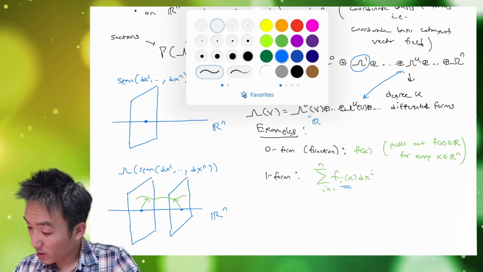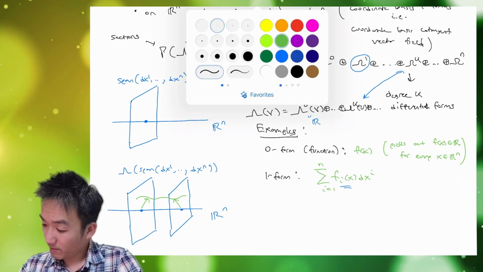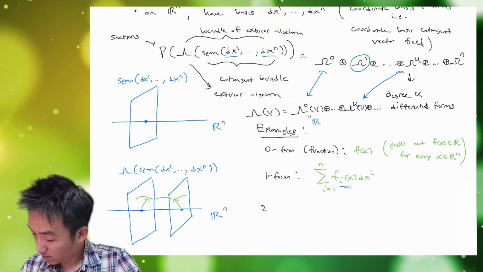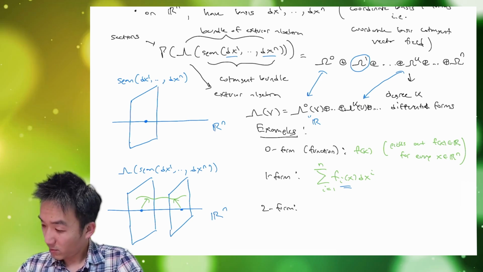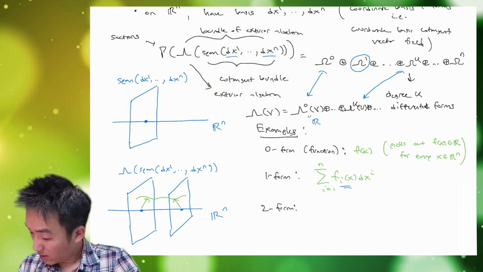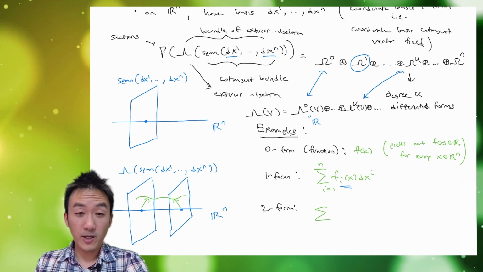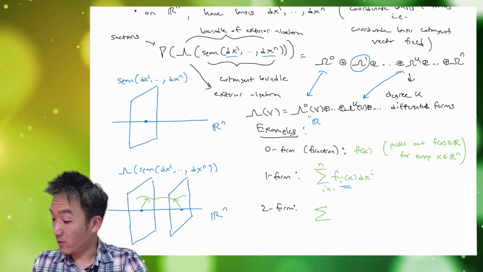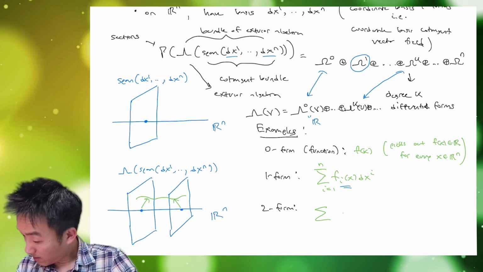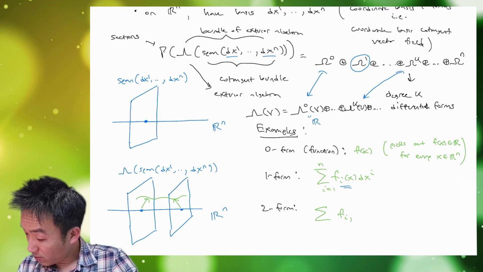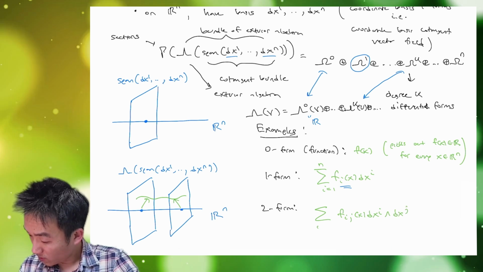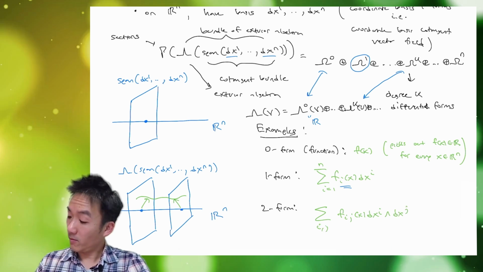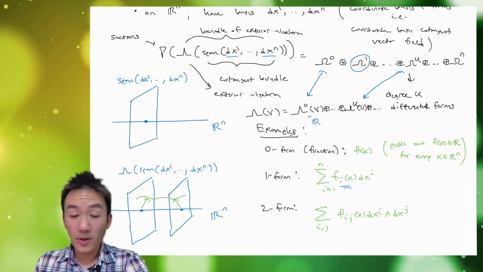Okay, and then likewise, a two form, at every point, you have to pick out something that has two elements that are wedged together. And so now you have a sum that looks like this. So you have all possible choices of dx_i wedge dx_j.